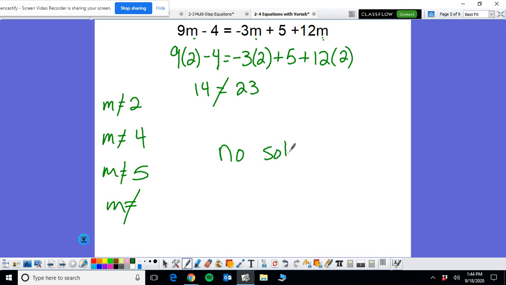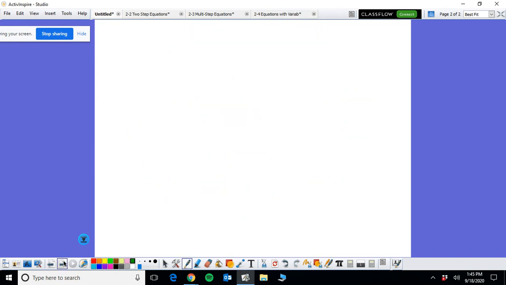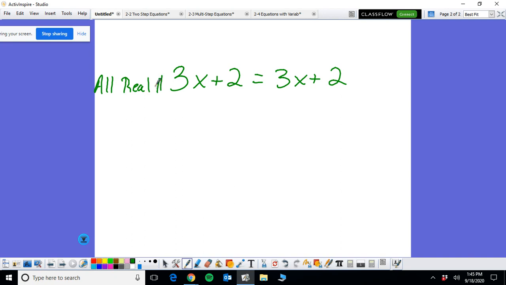So let's just recap these two special cases because I know they're tricky. If you get an identity, I'm going to go off the slide here. I'm going to show you a problem here. If you get this, 3x plus 2 equals 3x plus 2, remember, this is all real numbers.